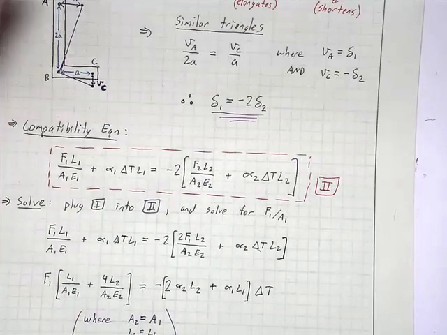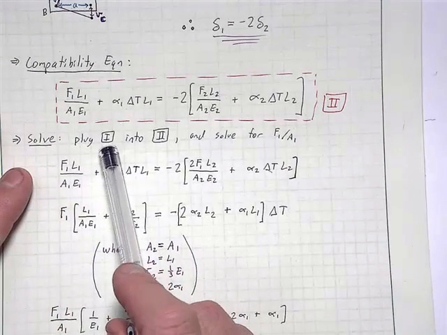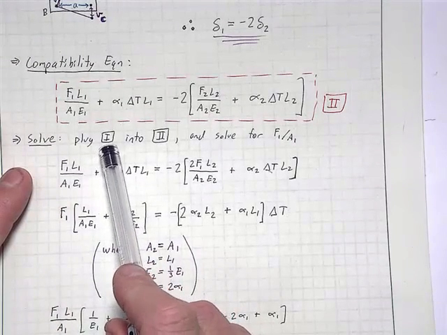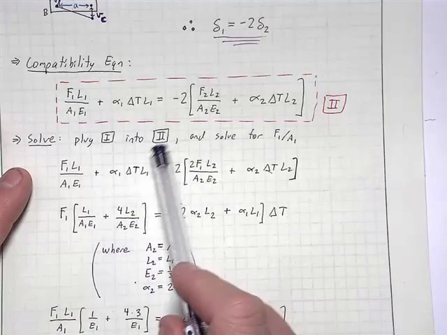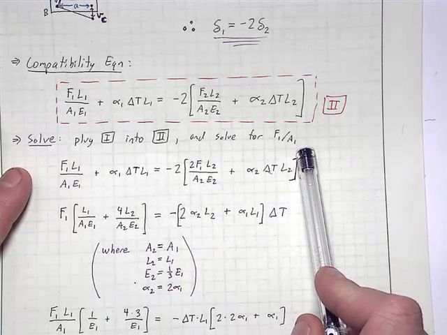Now we're at the point where we can solve this, and we could consider the two different temperatures of interest, but I'm going to go forward keeping it completely general, so that when we get to the final result, we can just plug the two temperatures into the final equations. What we're going to do is plug the nice relationship 2F1 equals F2 from equilibrium into the more complicated compatibility equation and solve for F1 over A1, which is our normal stress in 1.